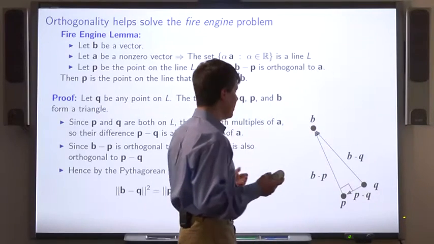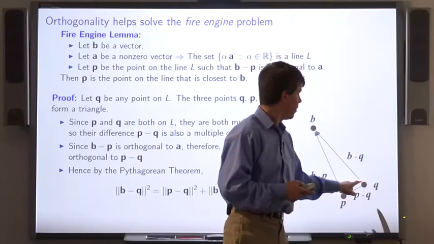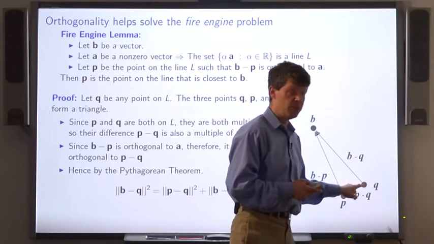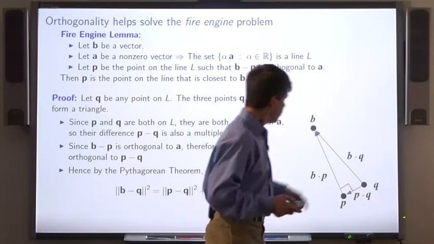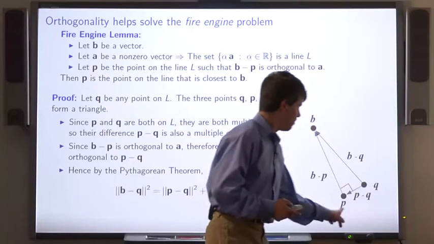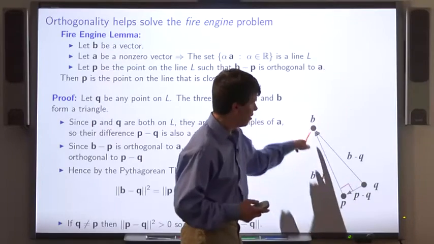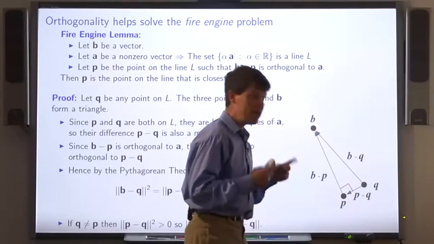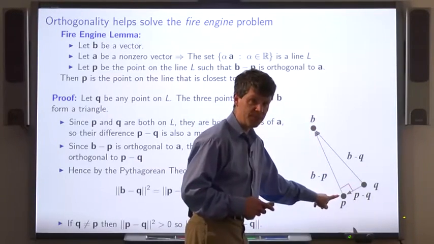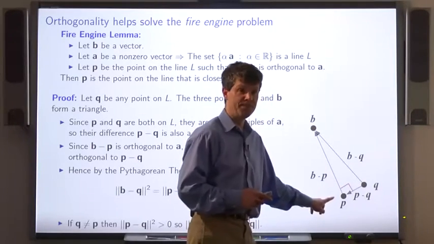So, by the Pythagorean theorem, the length squared of the hypotenuse, that is, the length of B minus Q squared, equals the sum of the squares of the length of B minus P and P minus Q. If Q is not equal to P, then the length of the base is non-zero, which shows that the length of the hypotenuse is greater than the length of the height, which shows that B is farther from Q than it is from P.